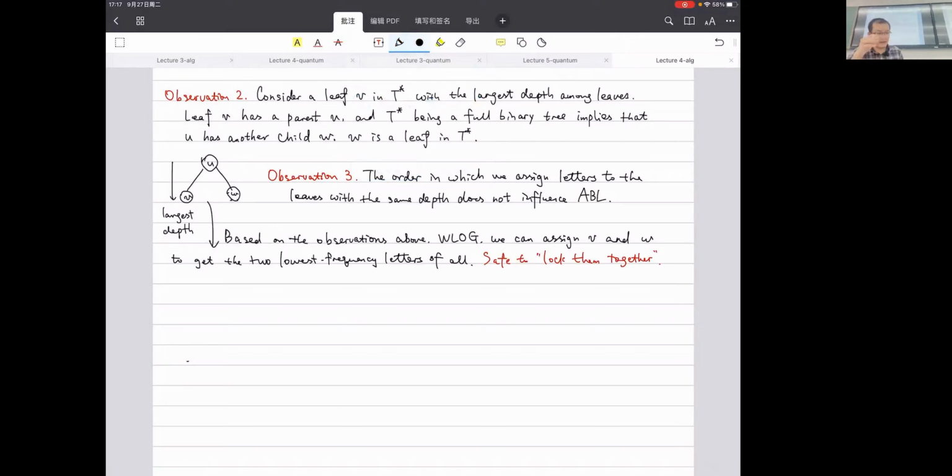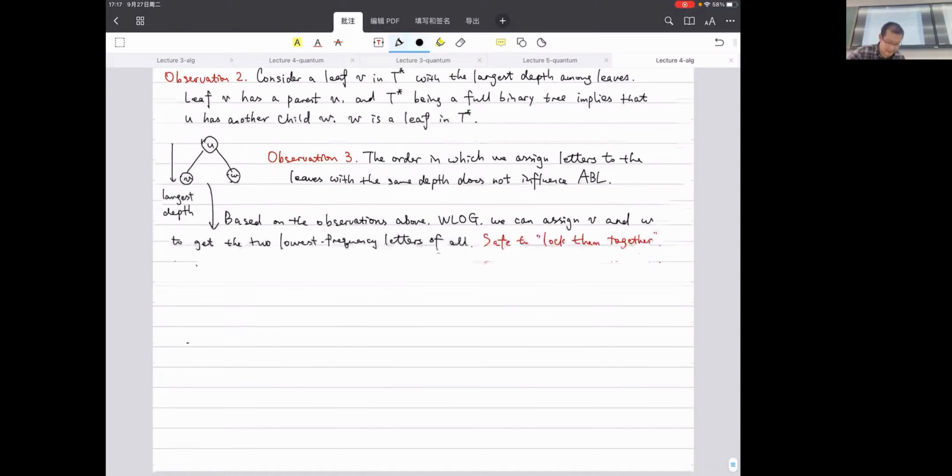So basically, after we make some observations, we have a better understanding of the deepest side. And actually, this suggests an algorithm.